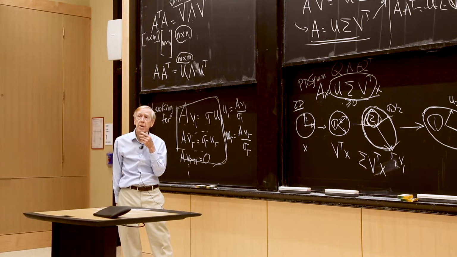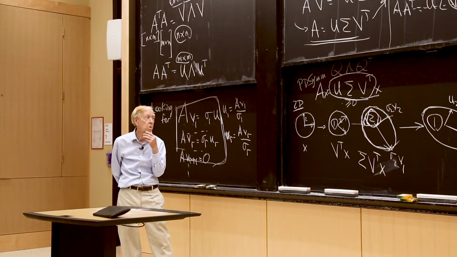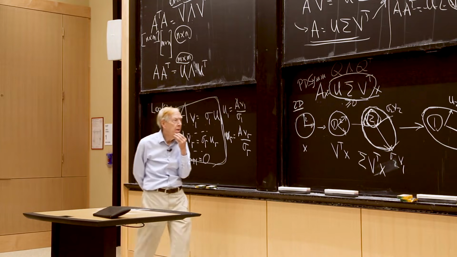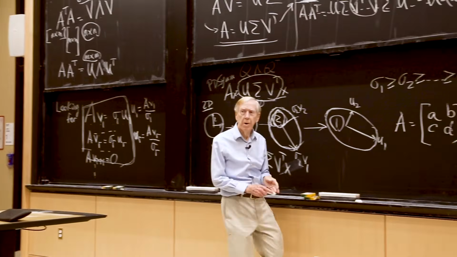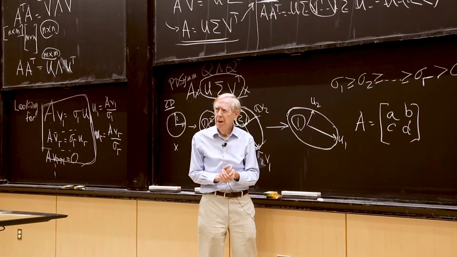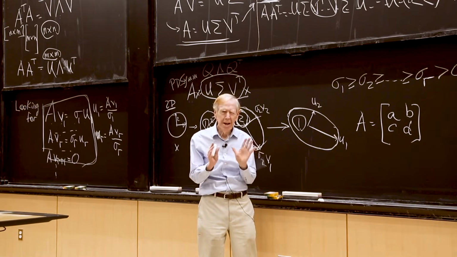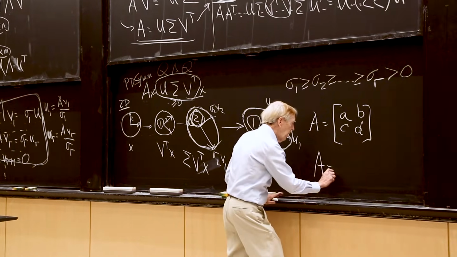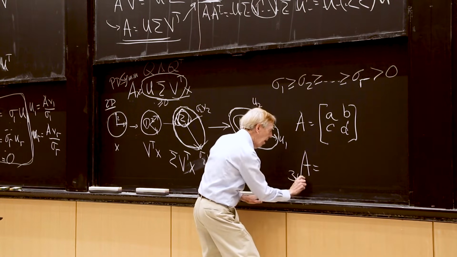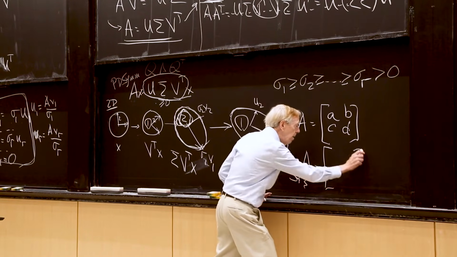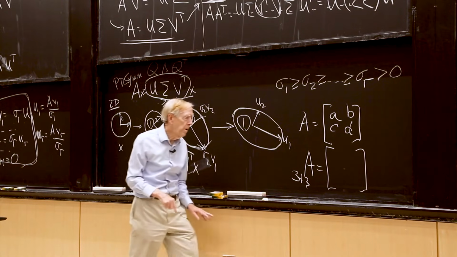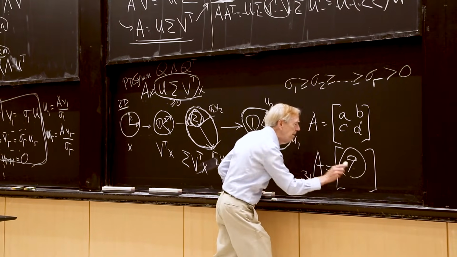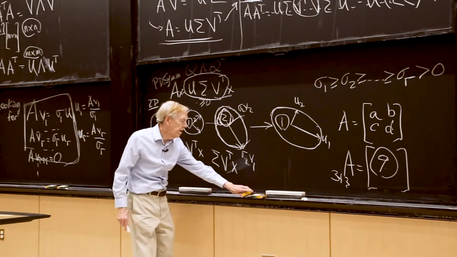And I guess if you did 3 by 3s, what would happen then? So let me take 3 by 3. It's sort of satisfying to get 4 equal 4. But now, what do we get for 3 by 3? We got how many numbers here? 9. So where are those 9 numbers?